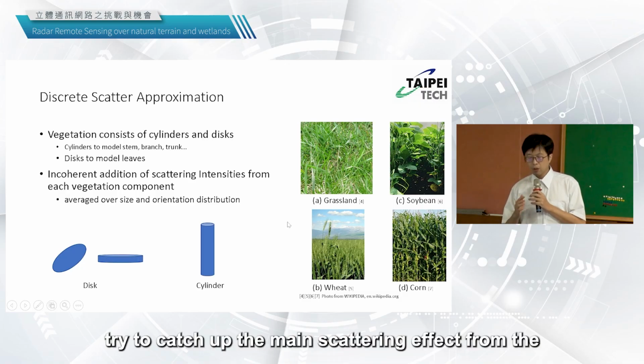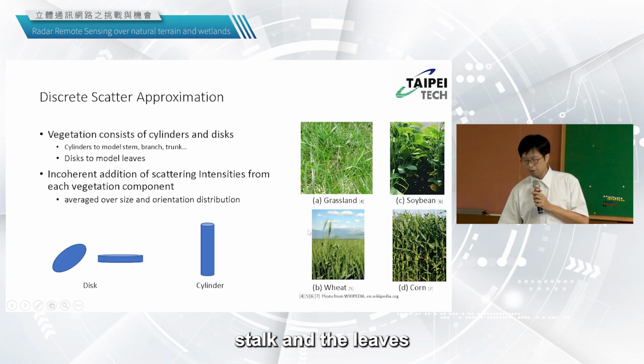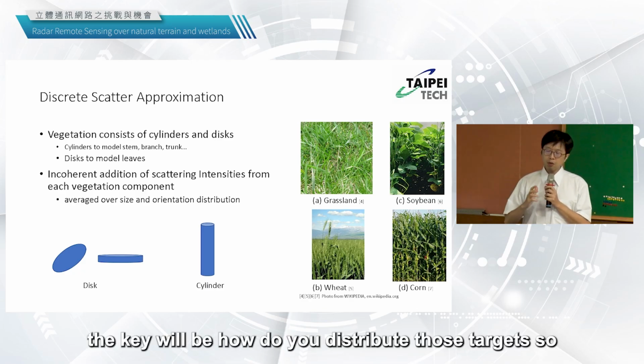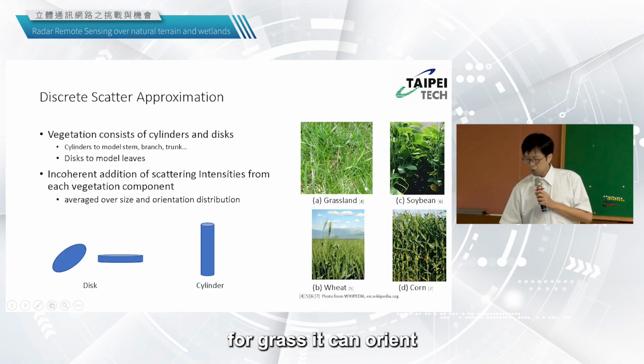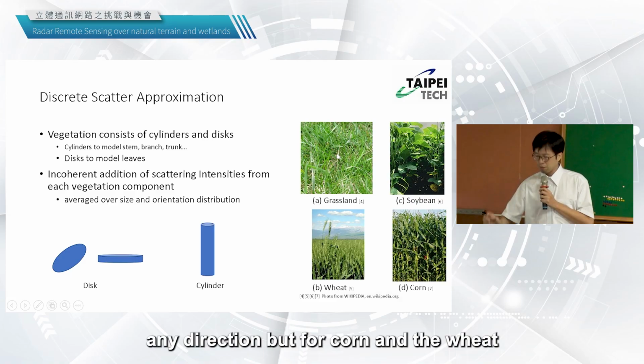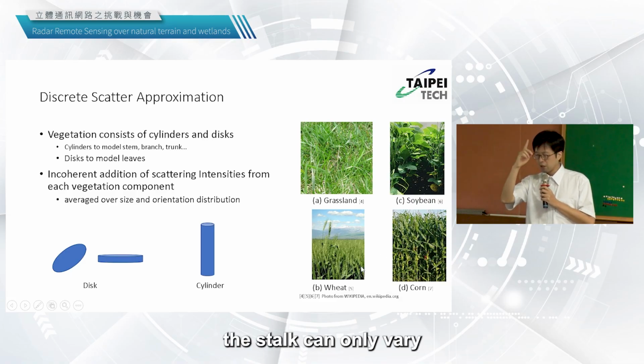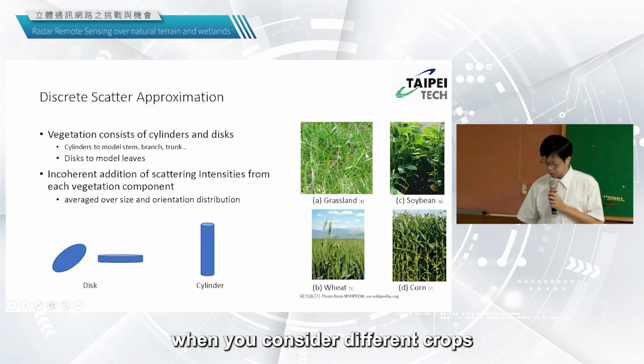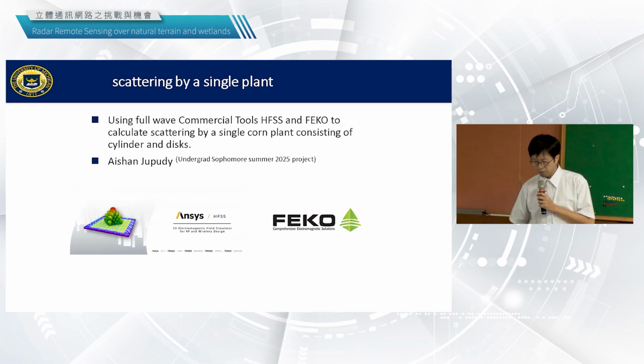So we try to capture the main scattering effect from the stalk and the leaves using a simple geometry. But as I mentioned, the key will be how you distribute those targets. For grass, it can orient in any direction, but for corn and wheat, the stalk can only vary a little bit. So this makes a difference when you consider different crops in the geometry.